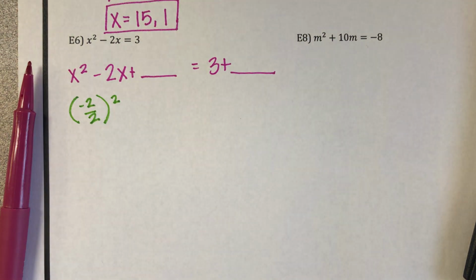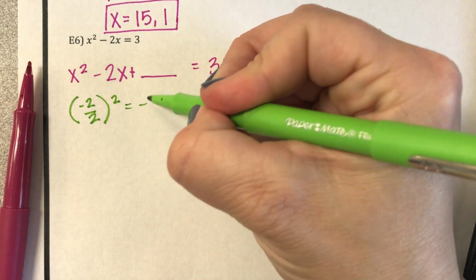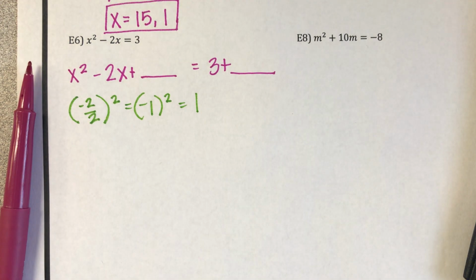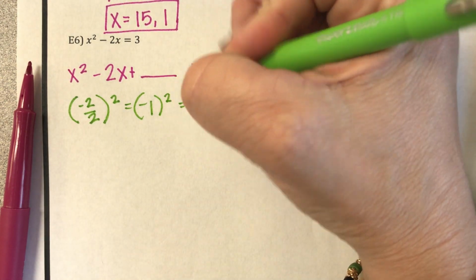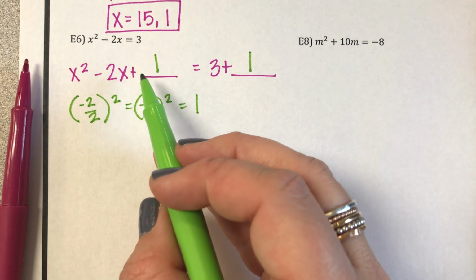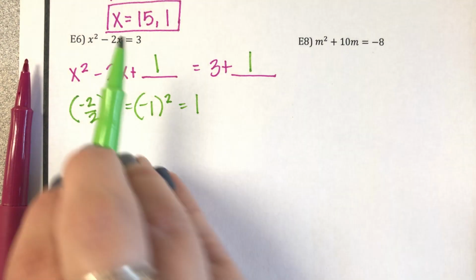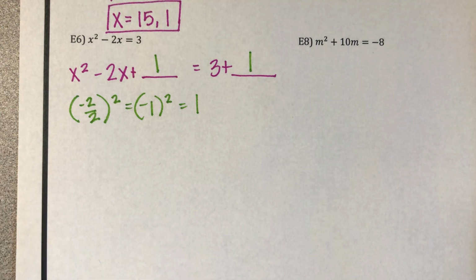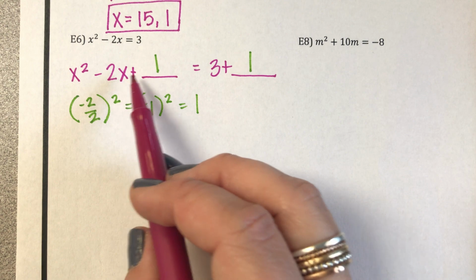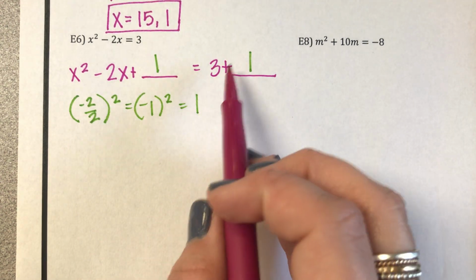Negative 2 over 2 is negative 1. And when I square negative 1, I get 1. So I put a 1 to complete my square. And if I add 1 over here, I have to add 1 to the right. So now my trinomial is x squared minus 2x plus 1 equals 4.